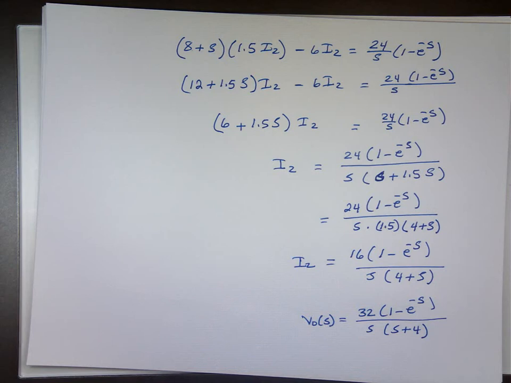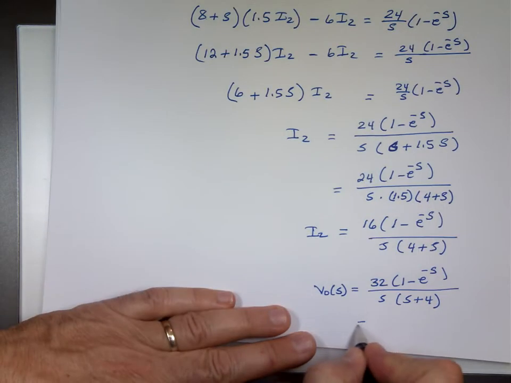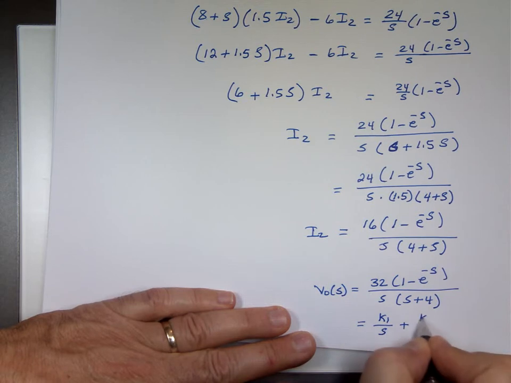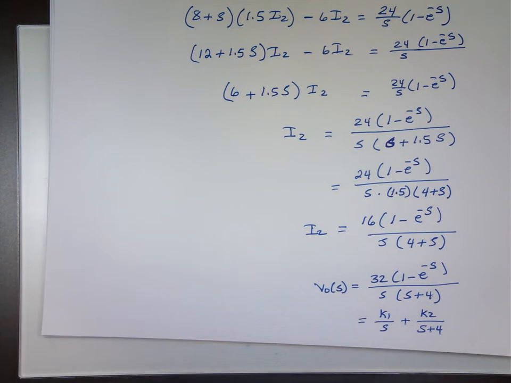And now the last thing, I have to take the inverse Laplace. Well, the good news, these are distinct roots. So you can write that as k1 over s plus k2 over s plus 4. If I know what k1, k2 are, the problem is over. So let's see if we can find k1, k2.